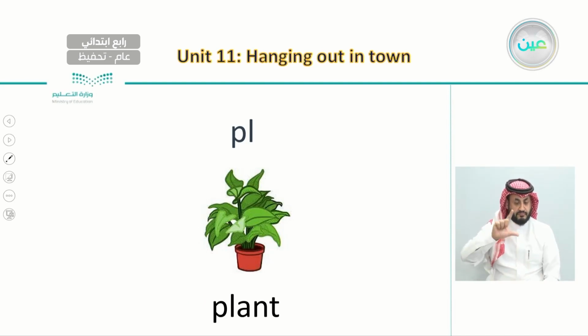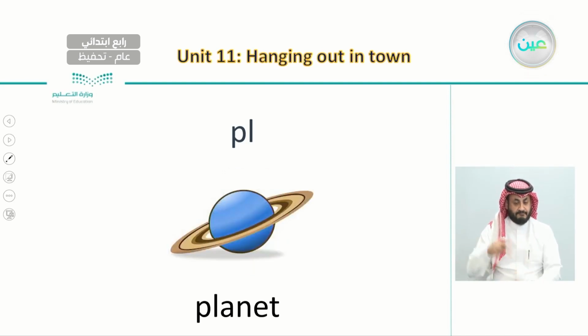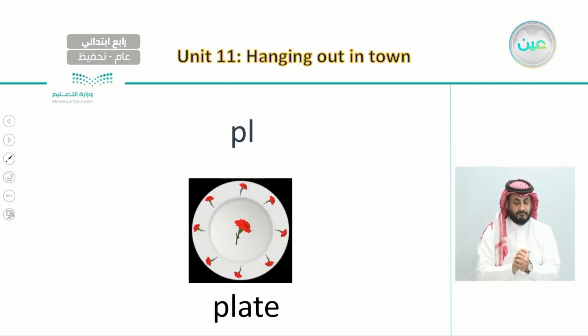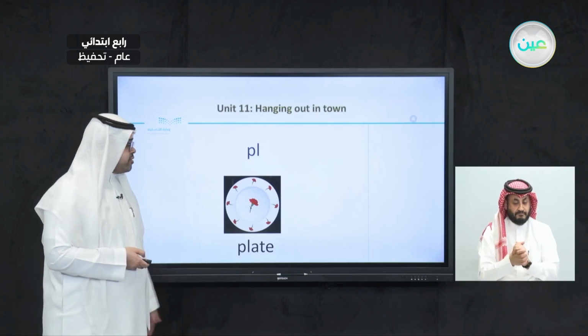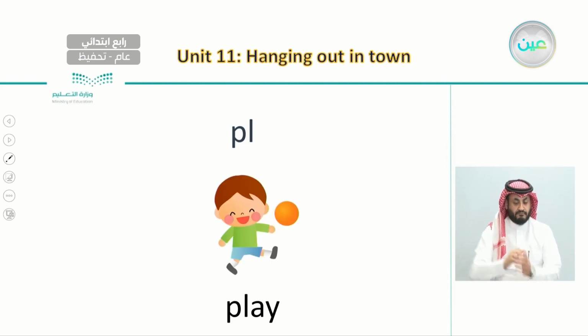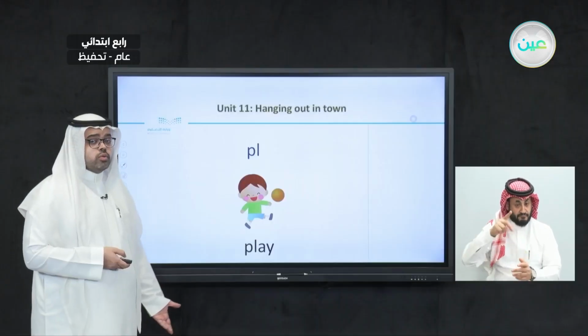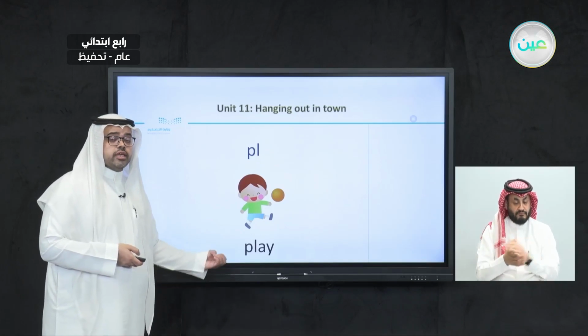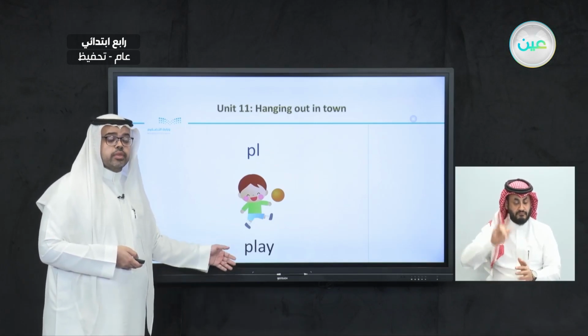Plant. And the second word we have for this blend is planet. Planet. And also the third word we have with this blend is plate. Plate. And the fourth word we have with this blend is play.